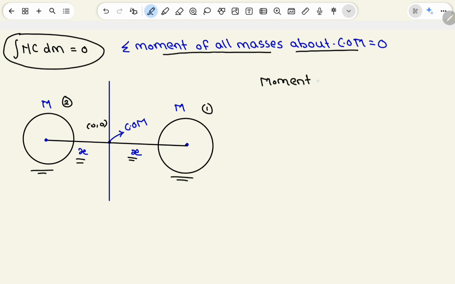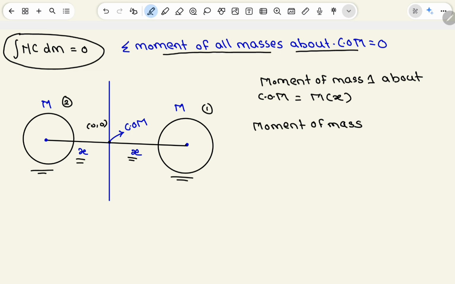The moment of mass 1 about center of mass is equal to m into x. We just take the mass and multiply it with its distance from the center of mass. The moment of mass 2 about center of mass is m into minus x, because the second mass is at a distance minus x from the center of mass, since it is on the left hand side.